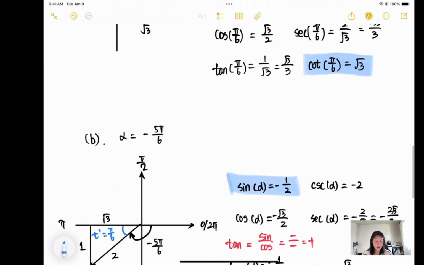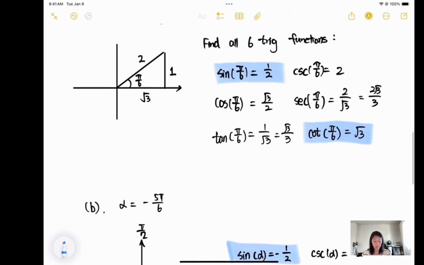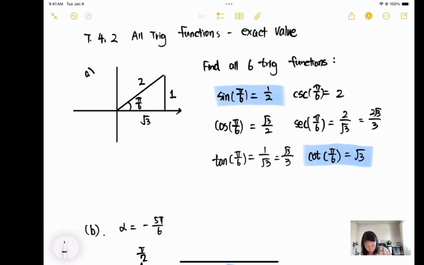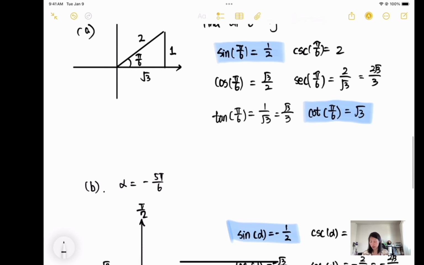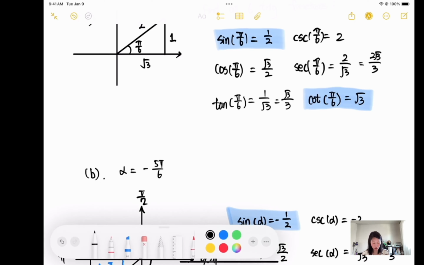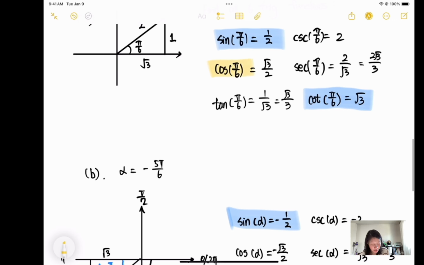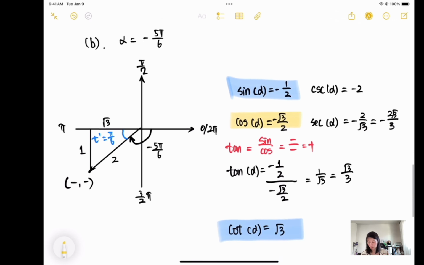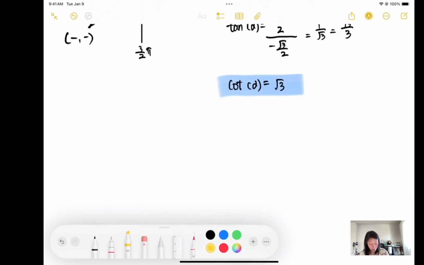So if you compare our example A and example B, you will notice they have the same value. The only difference is the sign. Because they have the same reference angle, they will have the same value for the trigonometric function, with a different positive or negative sign.